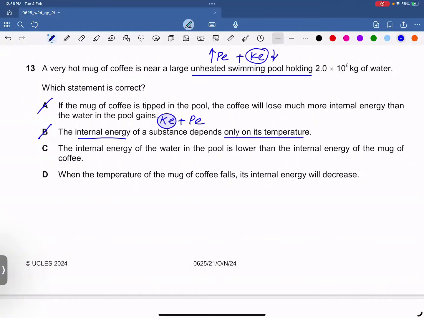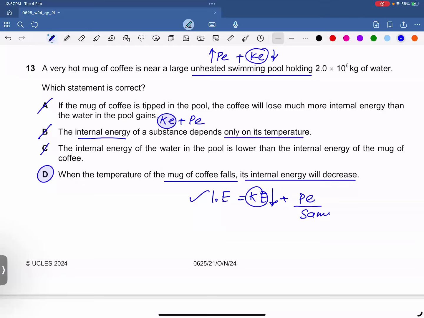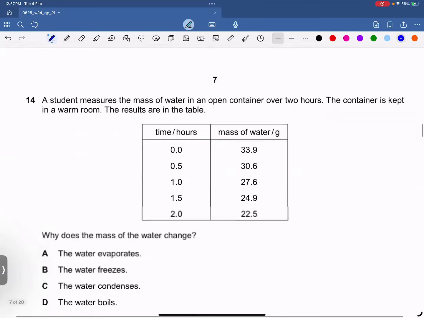So also no. When the temperature of the mug of coffee falls, its internal energy decreases, yes. Because internal energy is equal to kinetic energy plus potential. Potential will remain the same, but when kinetic decreases, internal energy will also decrease. The option D is the right option. It's a good question. We proceed to question number 14.